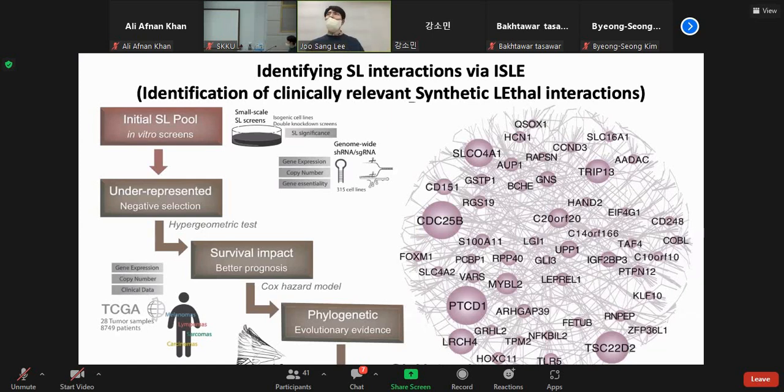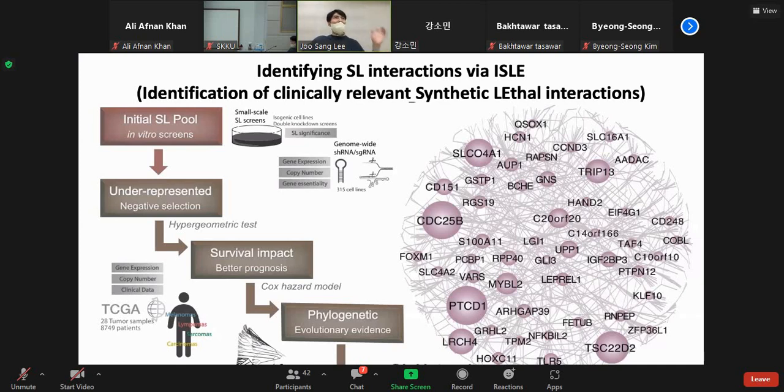That was our question. So instead of focusing on those synthetic lethal interactions that are identified in cell lines and trying to predict them, we took a different approach here. We initially collected all the synthetic lethal interactions that were identified in vitro.